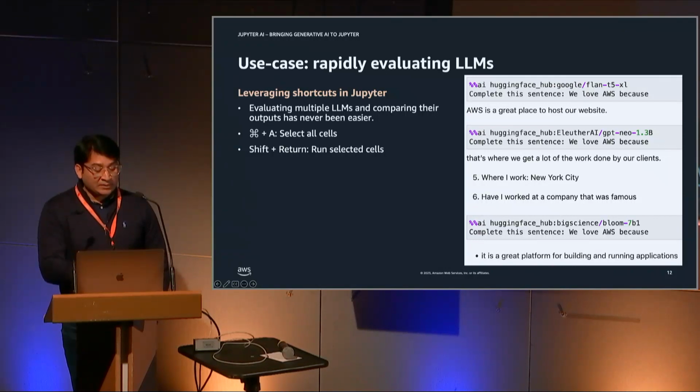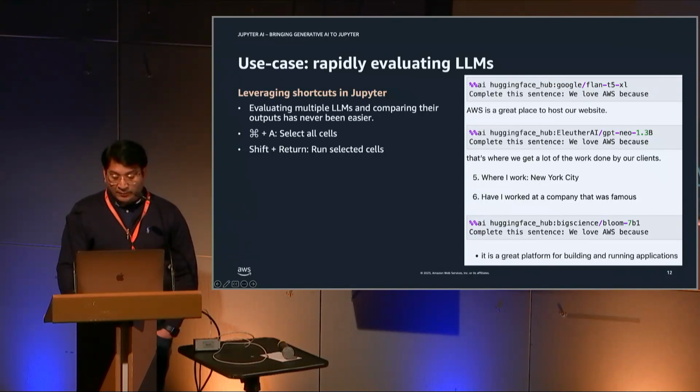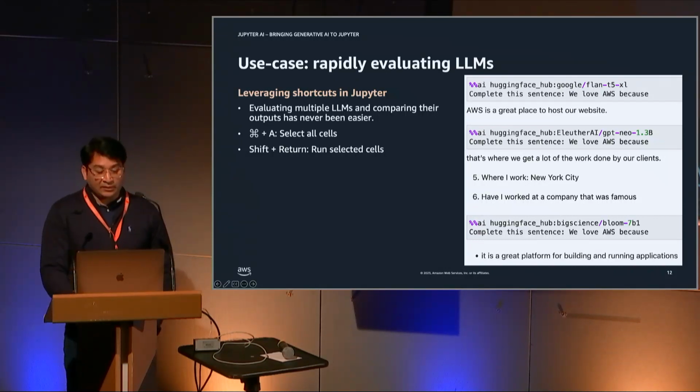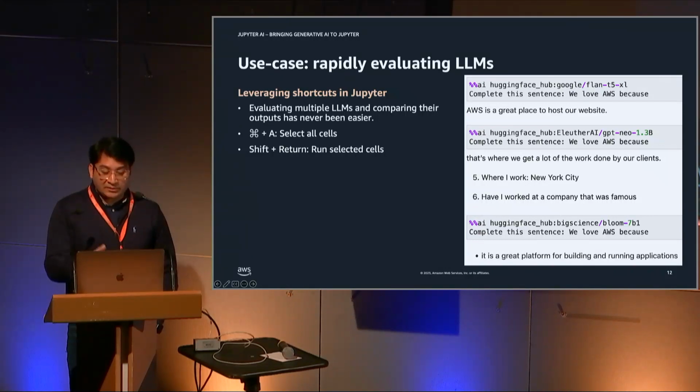Each of the cells will run in parallel, and each of the commands that go to the LLMs run in parallel. So this can be used very quickly to compare the outputs from different models and different providers. The great thing about this is that this is reproducible, this is shareable. You can send that to different users.